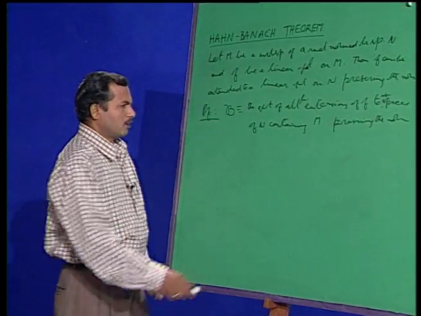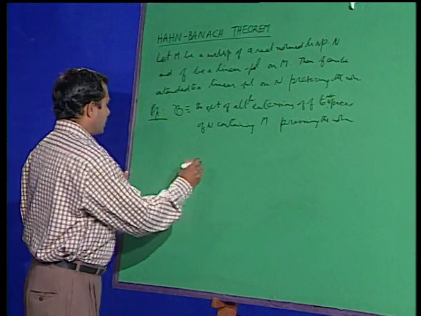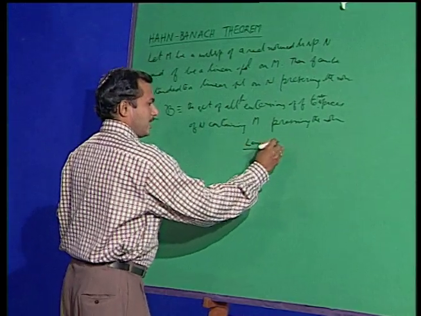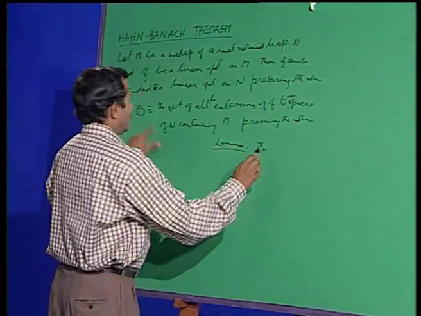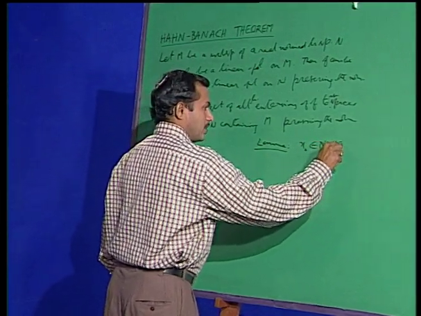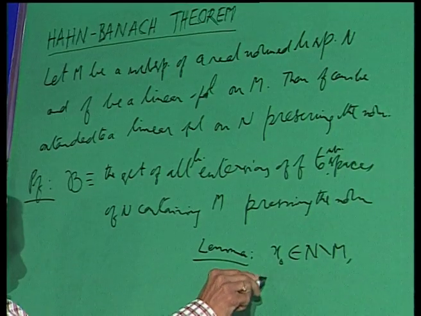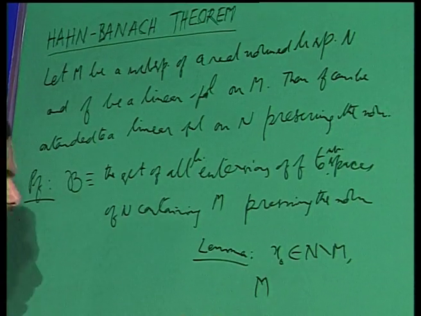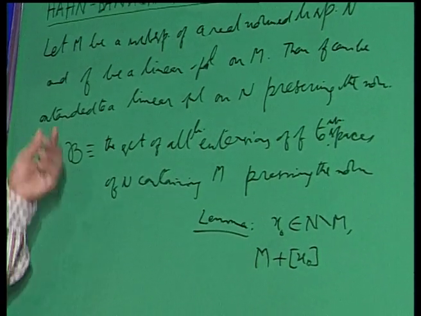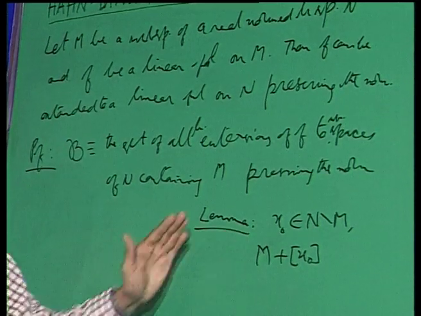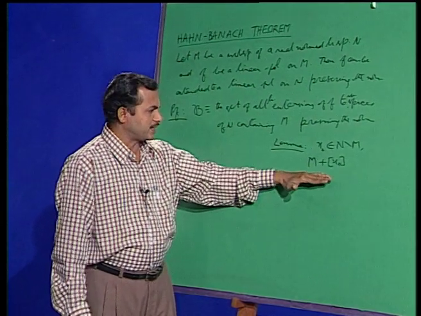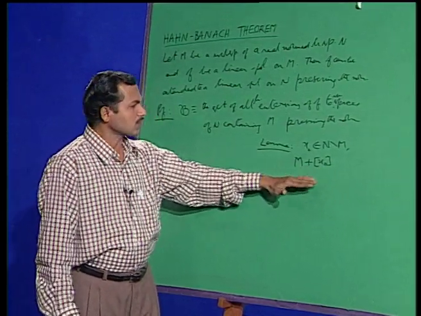What this lemma says is the following: if we take an element x naught from N minus capital M, then if we consider the linear space generated by capital M and x naught, one can show that this linear functional F over M can be extended to a linear functional on capital M plus x naught, that is the space generated by capital M and x naught, preserving the norm.